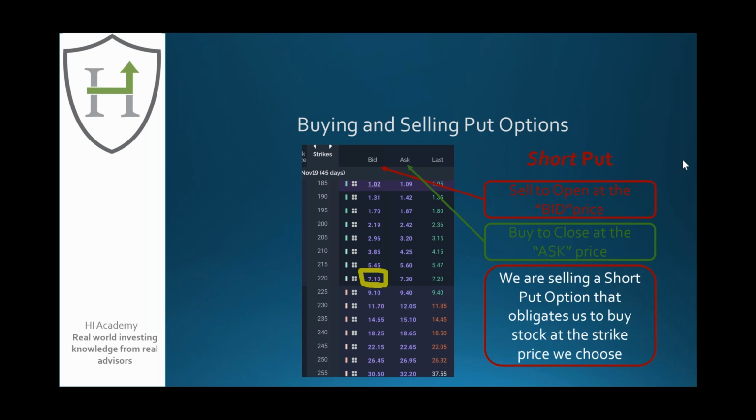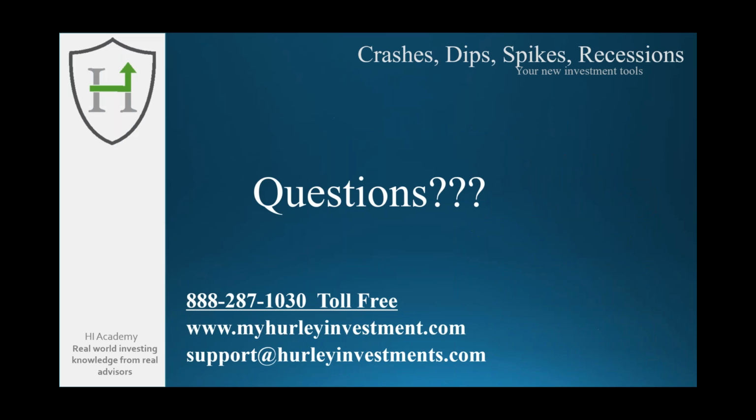If Apple goes down to 220, I get to pick up Apple at 220 and someone pays me $7.10. It'd be like owning the shares of stock at $212.90. I get to keep that credit, right? Pretty neat. I love options because it gives you the option, pun intended, to do a bunch of different things.